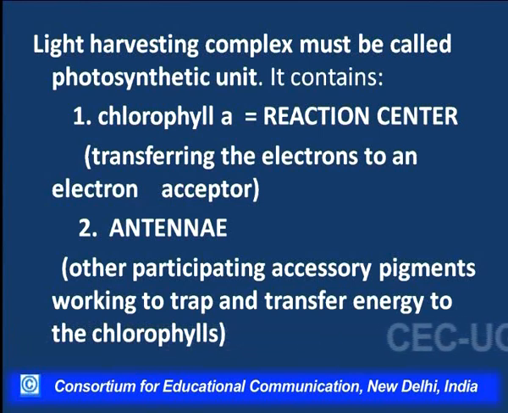And of course, who is going to trap the photons? The antennae. That means all the other participating accessory pigments, including chlorophyll B and the carotenoids, will work together in unison to trap and then transfer energy to the chlorophyll.